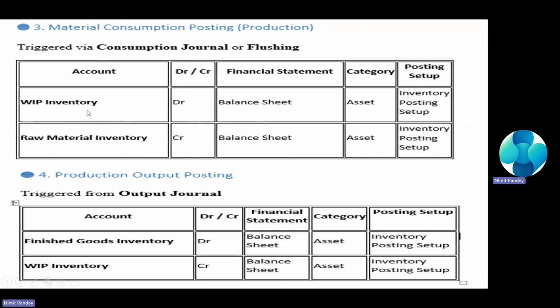Okay, so we found one account which should be credit, so we can easily make the other entry for debit. And when we create the output, we get some inventory, so it's debited here, inventory, and then the WIP amount is credit.